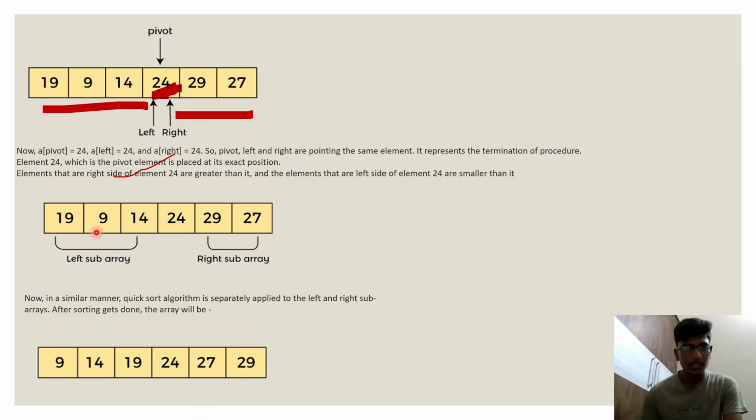So these are left subarrays and these are right subarrays. Now, in a similar manner, the quicksort algorithm is separately applied to the left and right subarray. After sorting is done, the array will be like this.